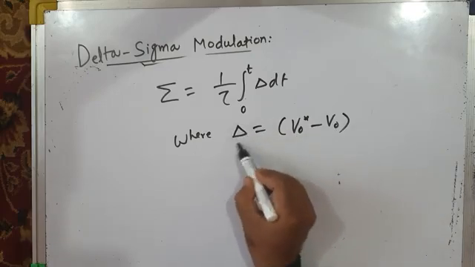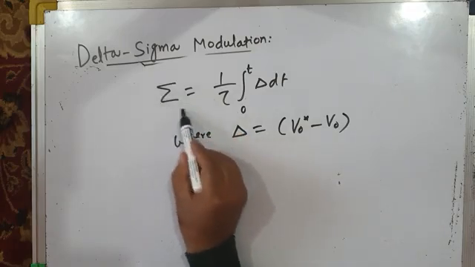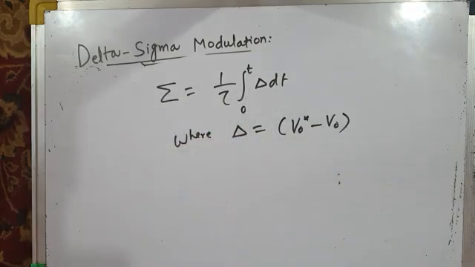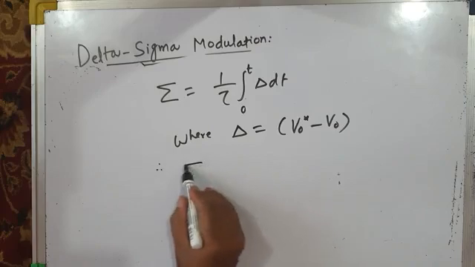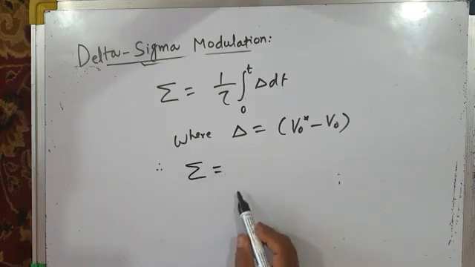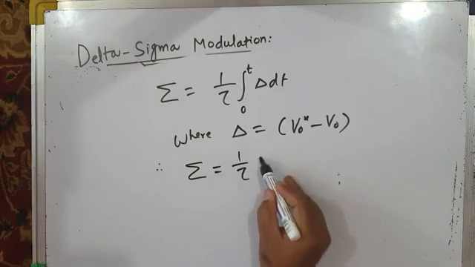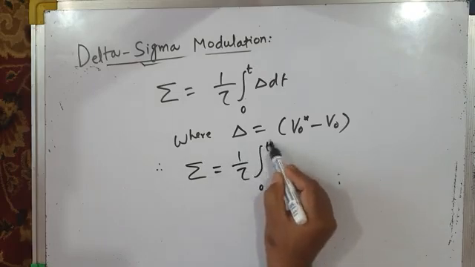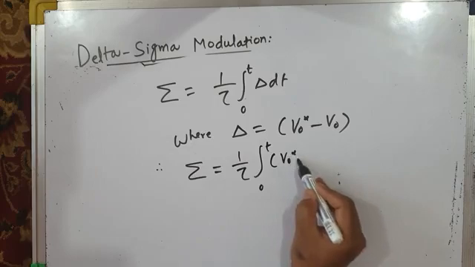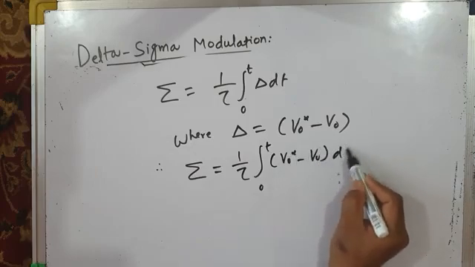You take the integration of that error delta, that is sigma, hence the name delta sigma modulation.